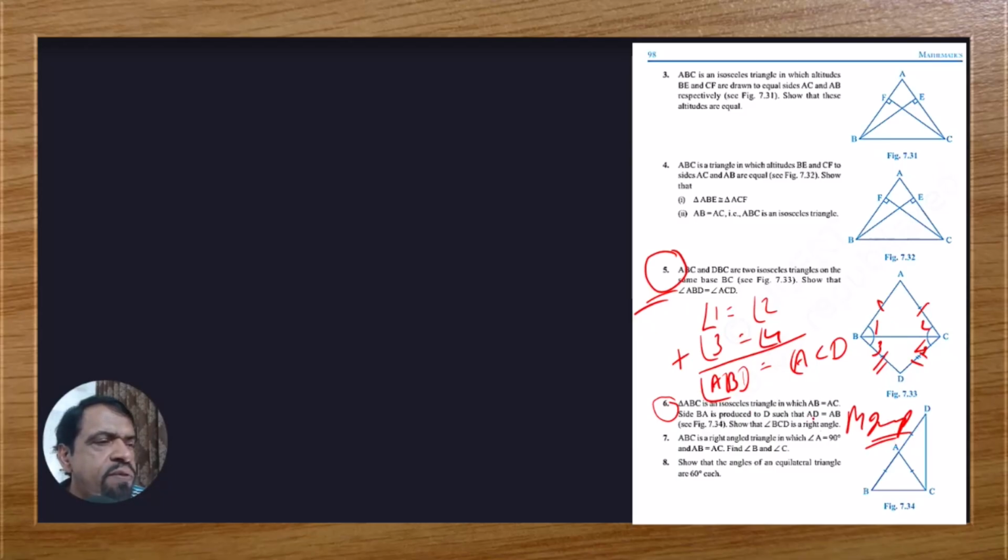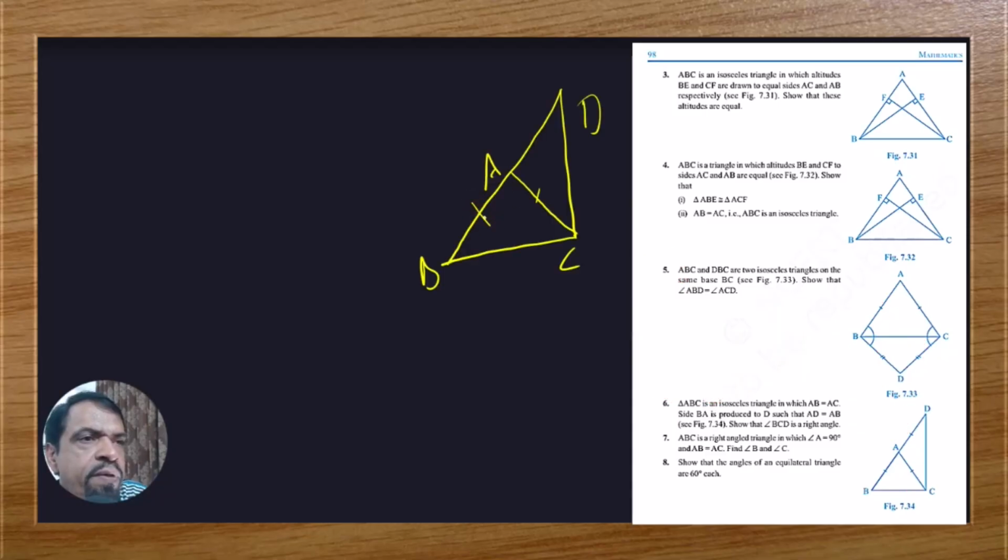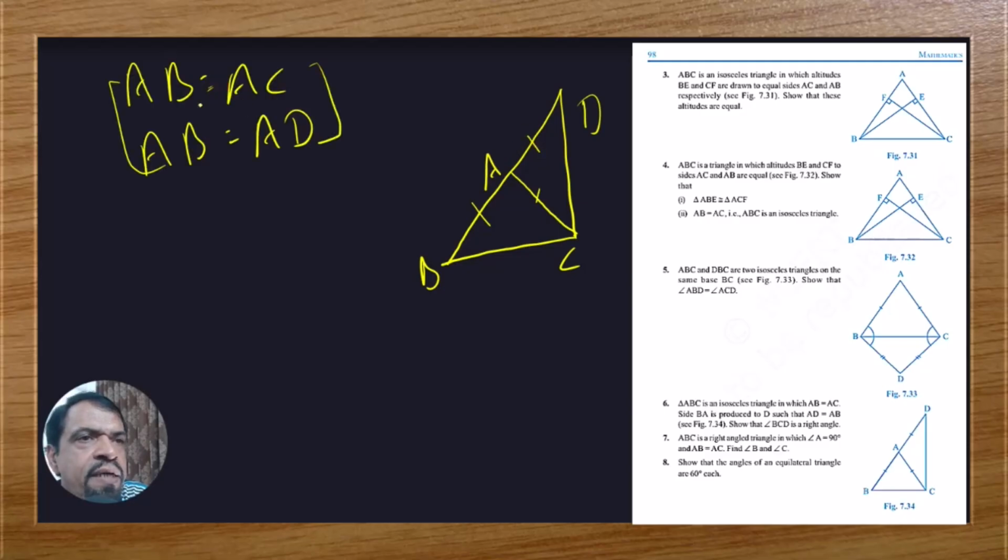ABC is an isosceles triangle, AB equal to AC, and BA is produced. AD equal to AB. This AD equal to AB. We need to prove that BCD is a right angle. Sometimes it asks to find the value of BCD. It is given that AB equal to AC and AB equal to AD. This pair shows that AB is common, so therefore AC equal to AD.